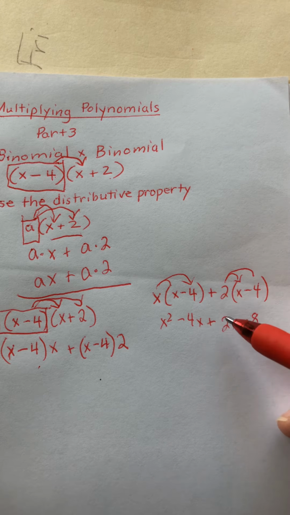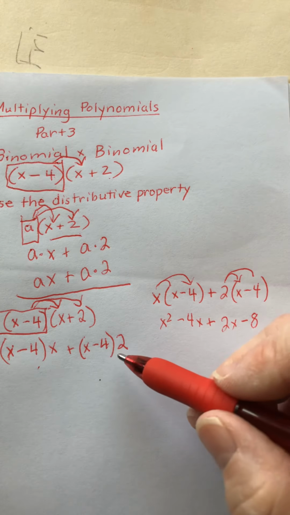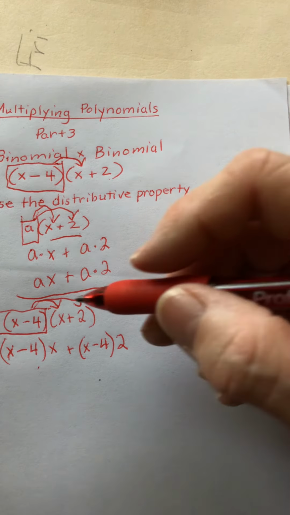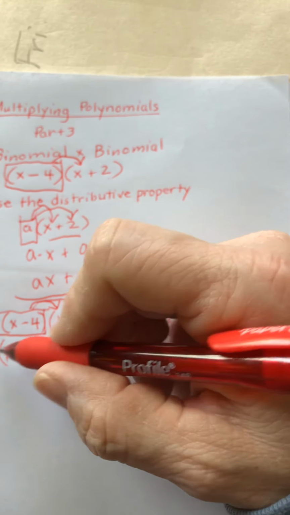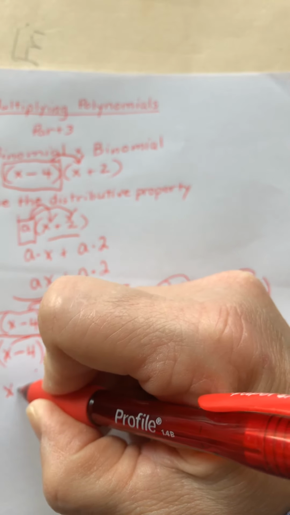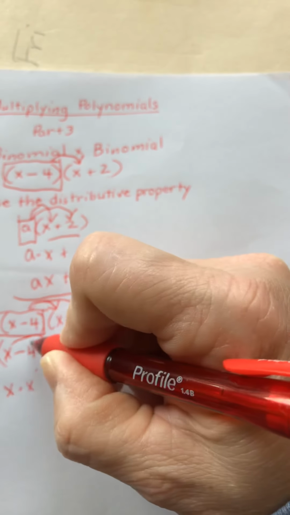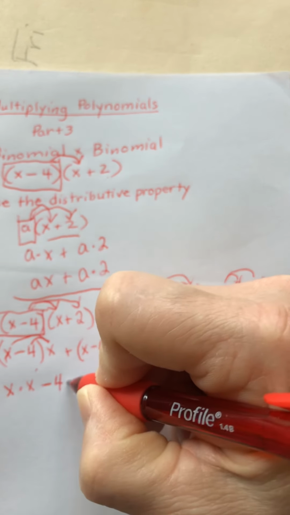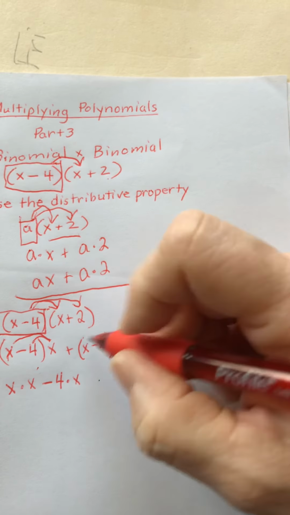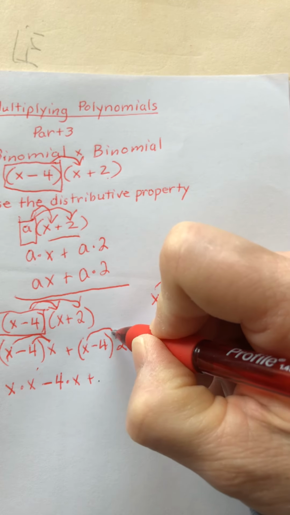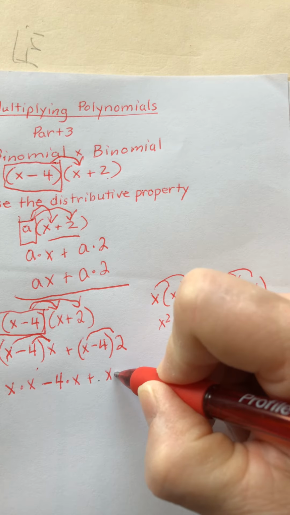Now, we're going to do it the same way when it's in this order. You may rewrite it this way and do this if you'd like to, but you can just do it the same way without an extra step here. So what you're going to do is you're going to take this, you're going to multiply these two, x times x, and then these two, be careful because that's minus 4 times x. And then we'll multiply the rest of it, plus x times 2.